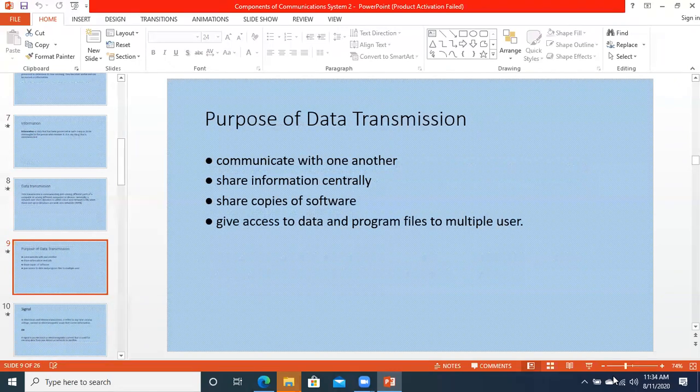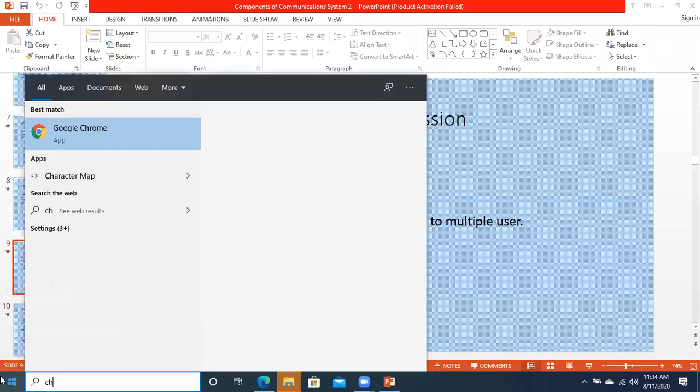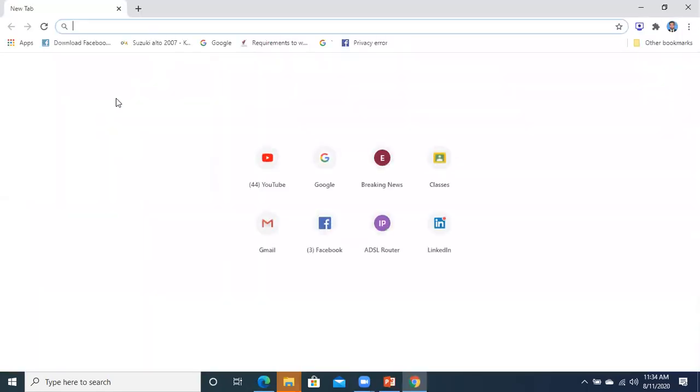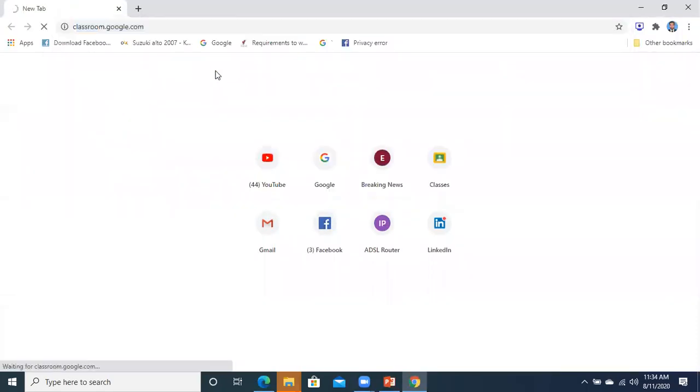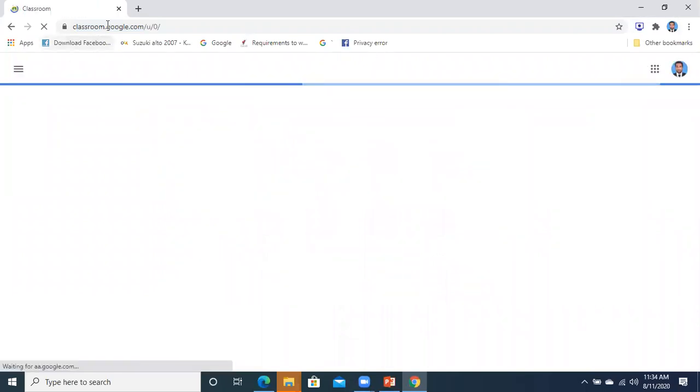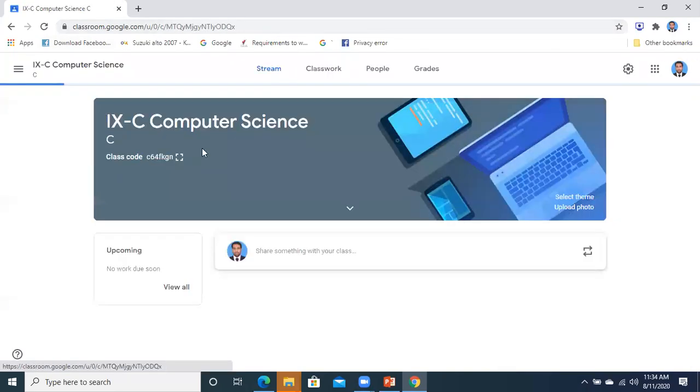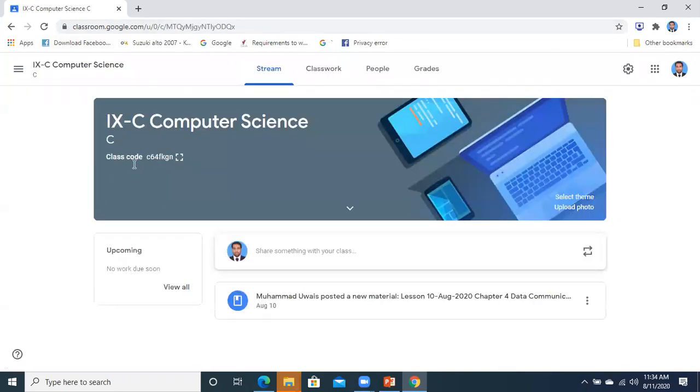raise the hand. I had given you the data in your Google Classroom. If you remember, I had given you the Google Classroom code last day, and I had told you that when you log in to your Google Classroom using your Gmail ID, you will see yesterday's lesson there.